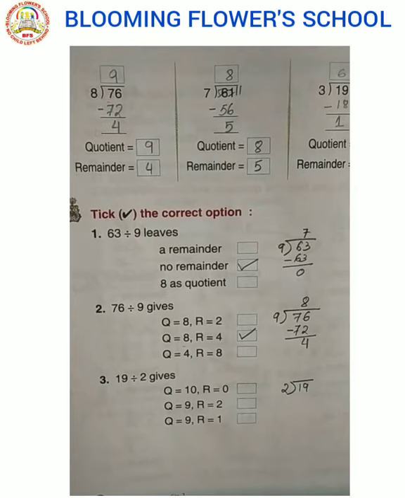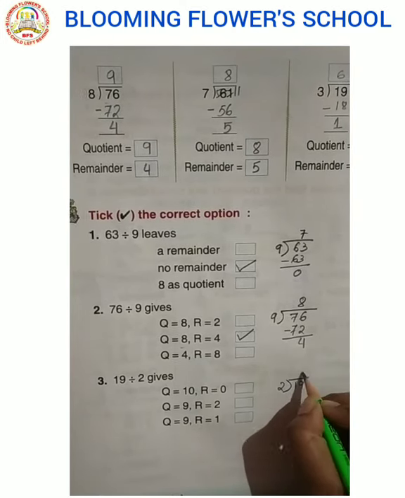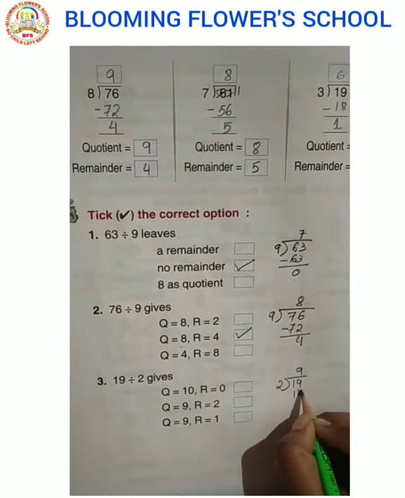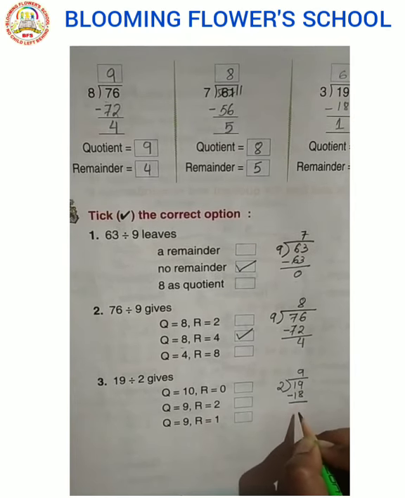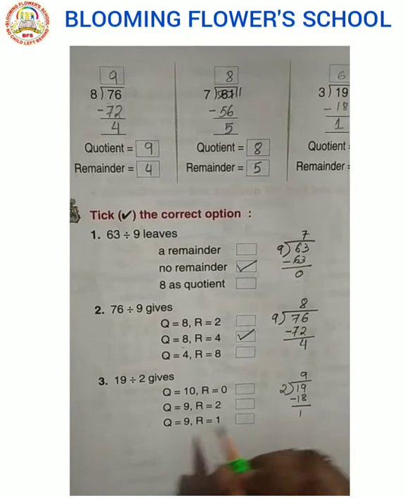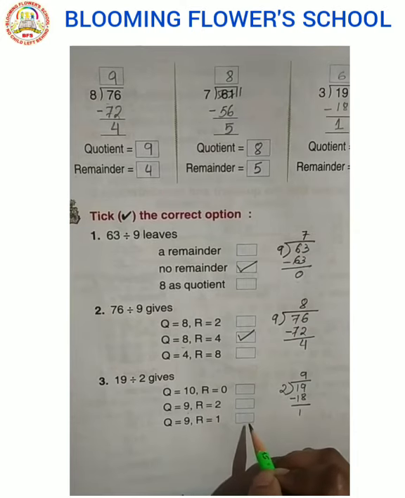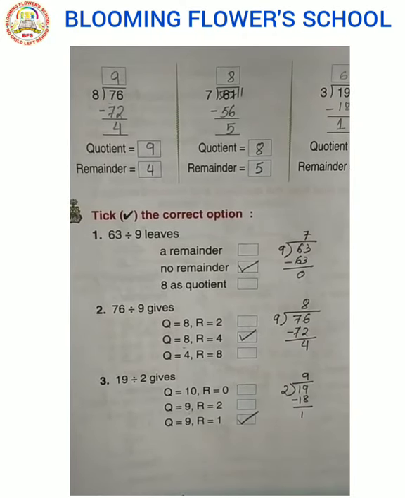So 20 is more than 19, which means we need to take 2 nines are 18. From 19, 18 is subtracted, the answer is 1. So the quotient should be 9 and the remainder should be 1. So the last option is correct.